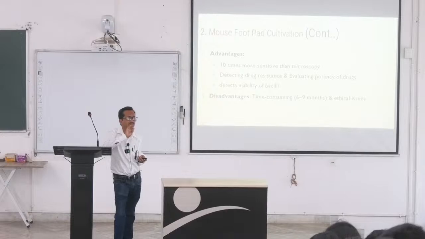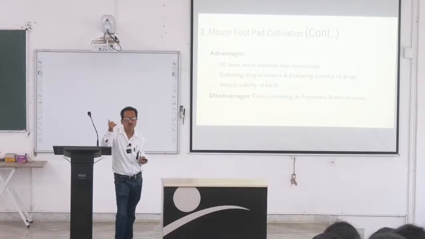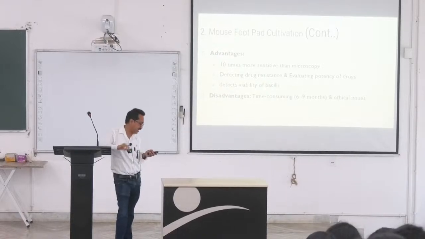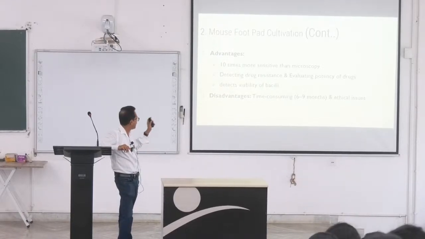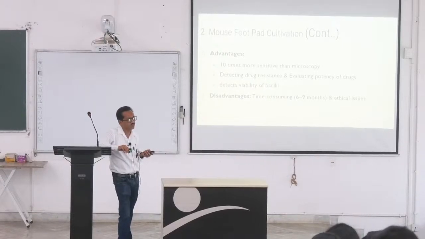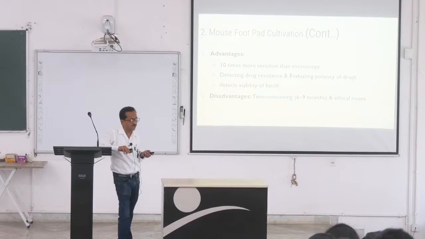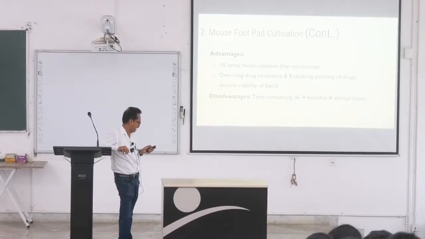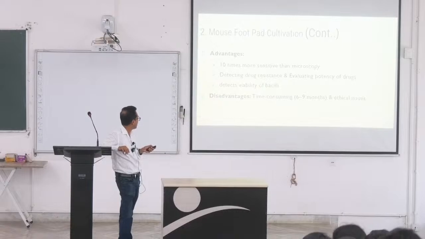Dead bacilli will not multiply, so only the live bacilli can grow in the foot pad of mice. That is how it shows the viability of the bacilli. What is the disadvantage? It is time consuming, 6 to 9 months, and there are some ethical issues in animal experiments.